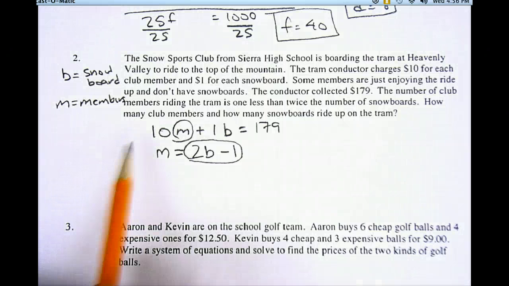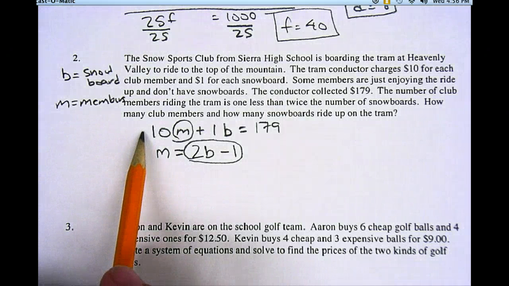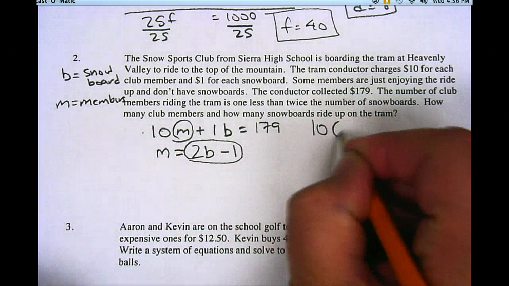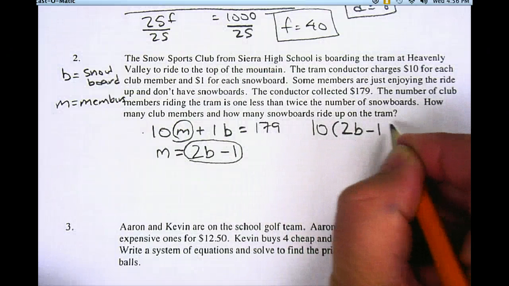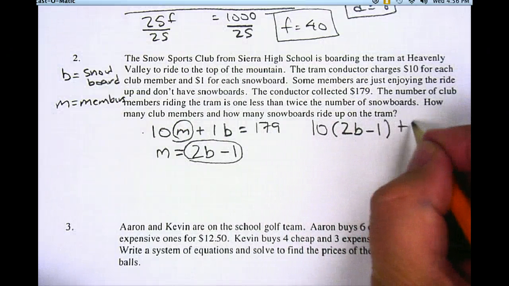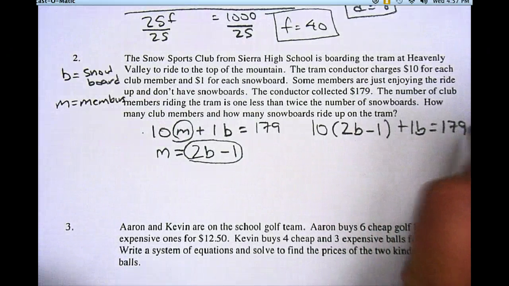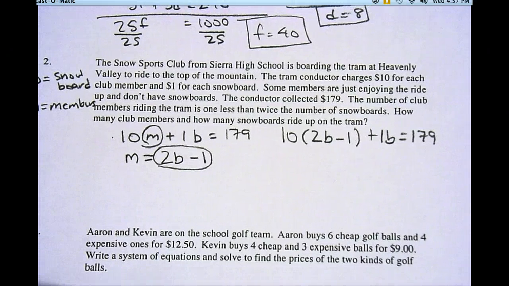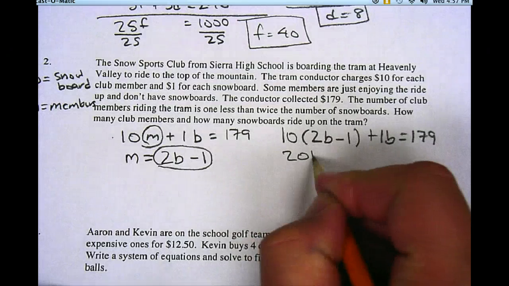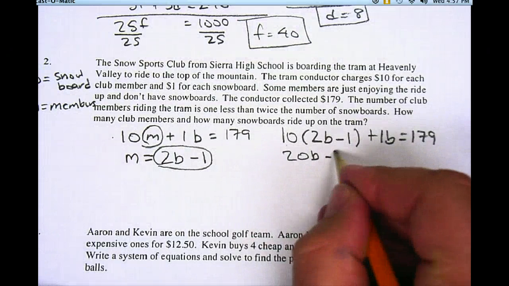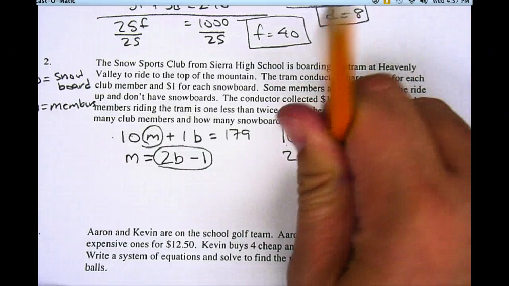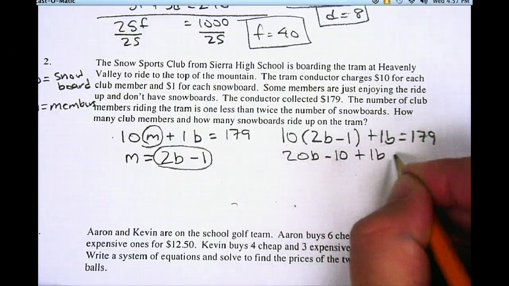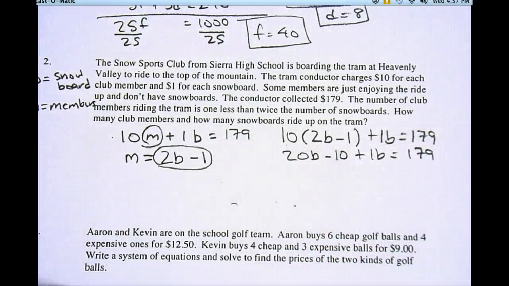So let's write this first equation, but instead of putting M down, I'm going to replace it with 2B minus 1. So it's going to be 10 times (2B minus 1) plus 1B equals 179. Okay, so now if I use the distributive property, 10 times 2B is 20B, 10 times negative 1 is negative 10, plus 1B equals 179.